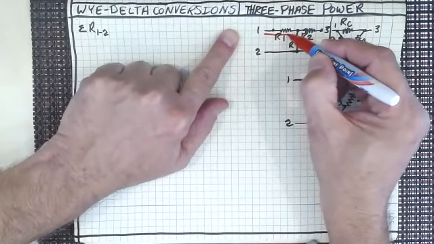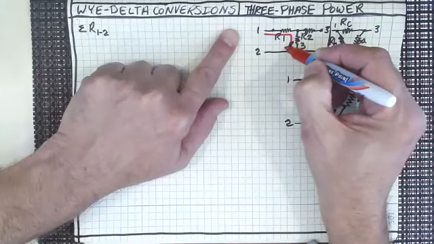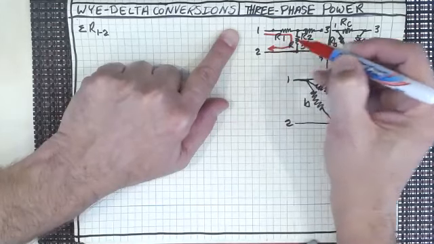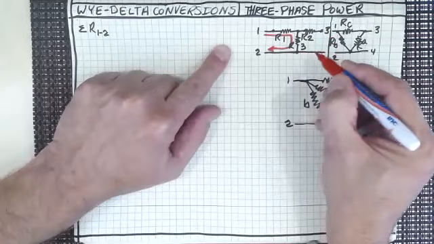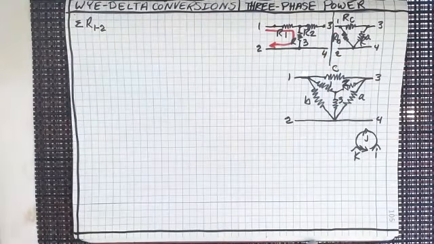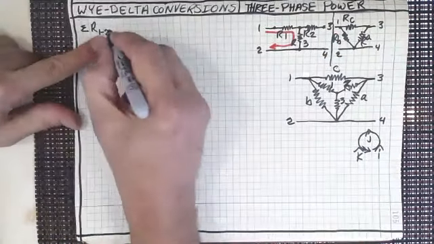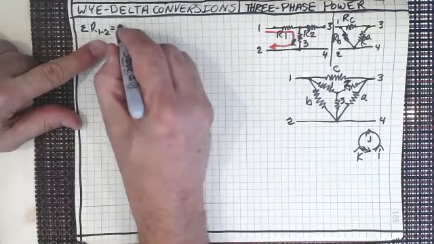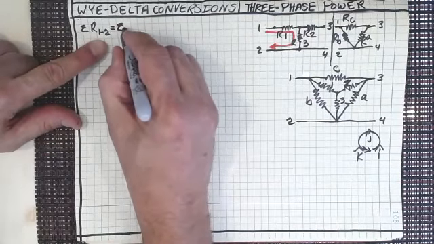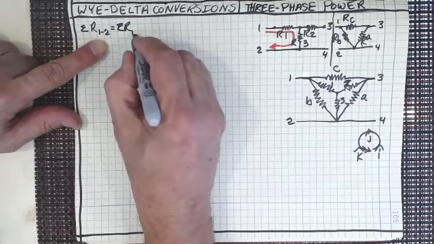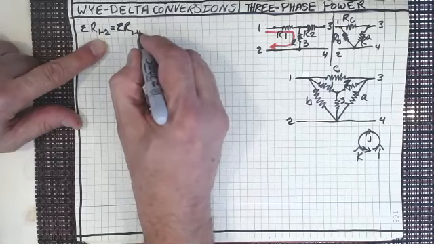I would go through R1, through R3, and then I would be down here at 2. And as a matter of fact, since 2 and 4 are connected, summing the resistors between 1 and 2 is the same as summing the resistances between 1 and 4, isn't it? So we don't have to do that again.